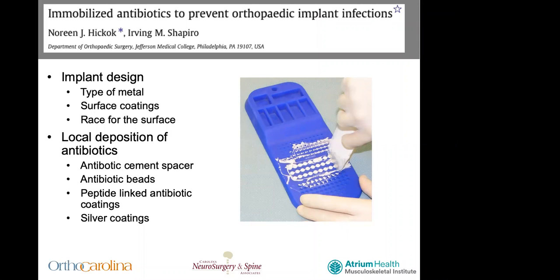Resorbable materials such as calcium sulfate beads can deposit high doses of local antibiotics, but are limited in their time to elution as well as effectiveness, because certainly after implantation of a total joint, you don't want a seroma to surround the joint.